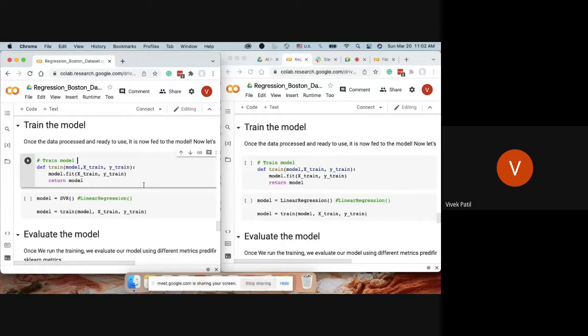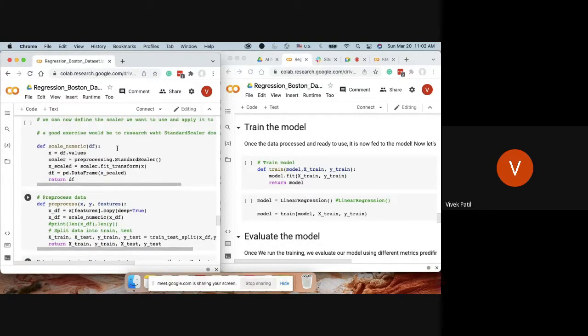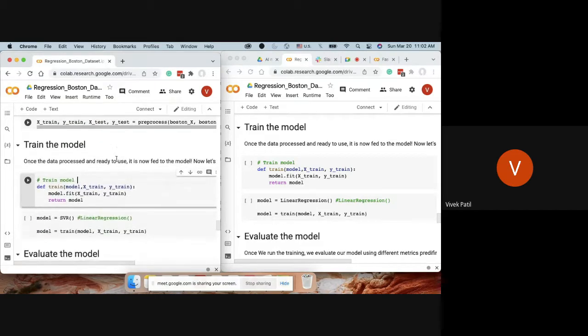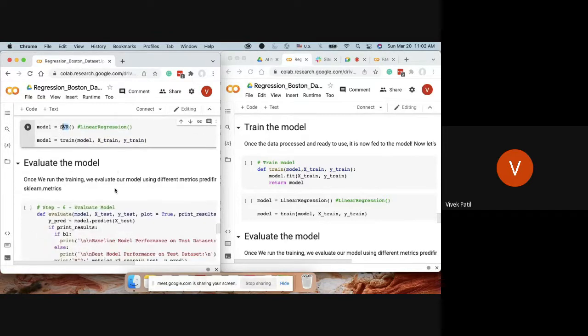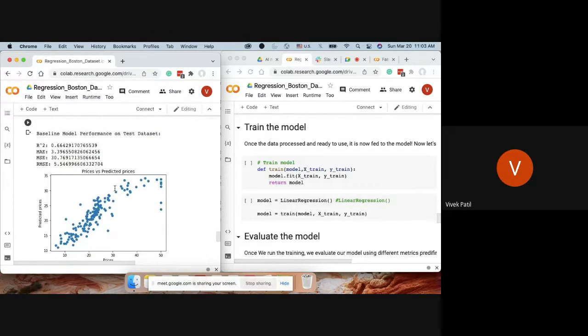I'm not going through the initial steps like loading and pre-processing the data, but here is the place in the code where things change. We change the model to linear regression and then evaluate the model.